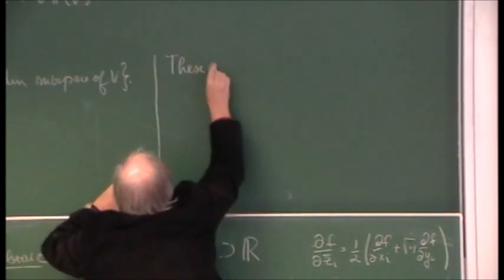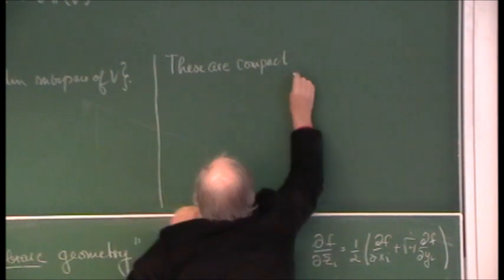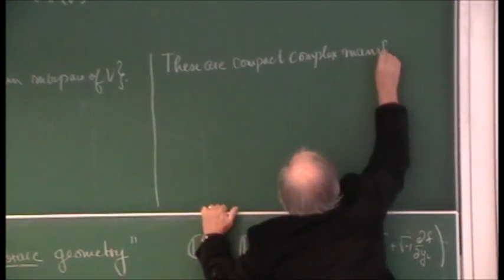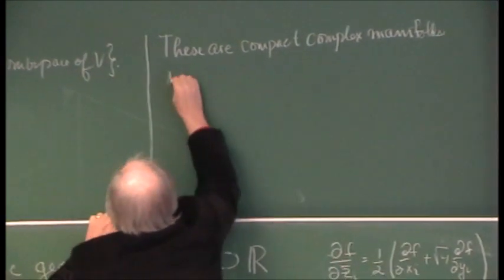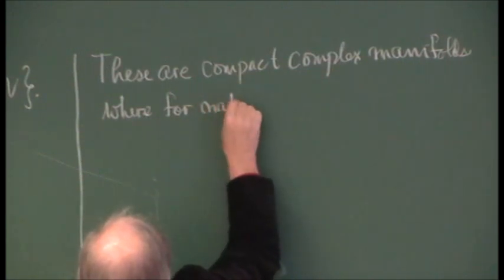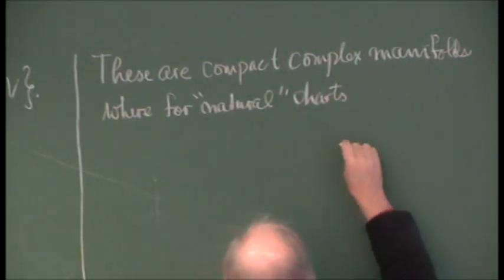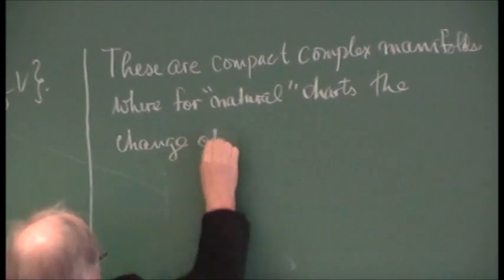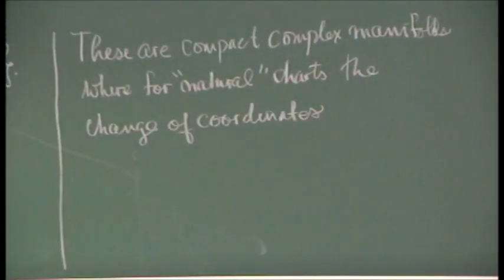These are compact complex manifolds, where for natural coverage, so natural, whatever that means, charts, the change of variables, the change of coordinates, is very, very, very simple.